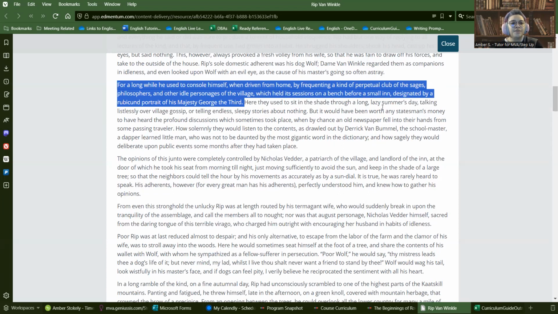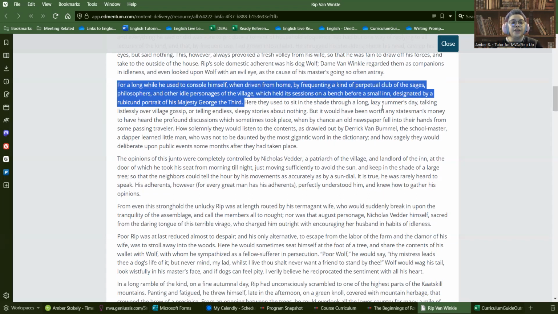All right, so let's break this down. We're getting more information now. So he's frequenting a club. So we all know what a club is, a place where people gather. This is a club of the sages, though. A sage is someone who is wise. So it says, this is a club of the sages, philosophers, and other idle personages of the village. So wise people go there.